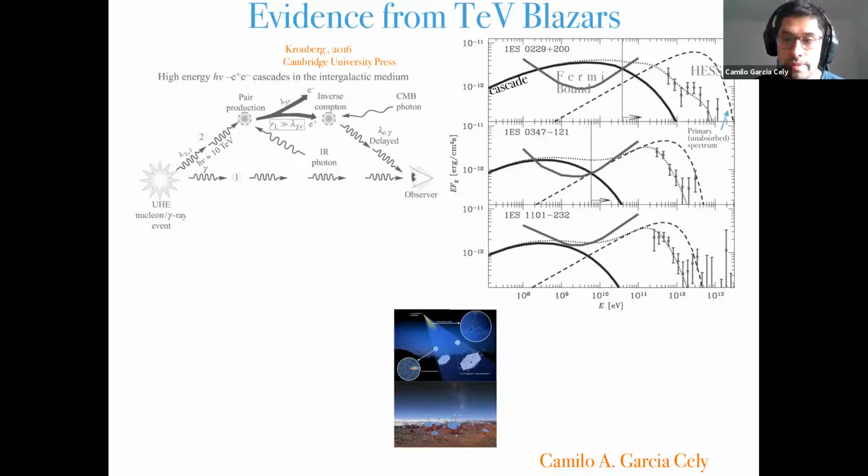So the primary spectrum is indicated as a dashed line. This is not what we observe, because as I said, the gamma rays are absorbed. Some of them arrive to, for instance, HESS, the detector, and this is indicated with these points on the plot. But some of them undergo pair production, and if all this picture is correct, they should produce the black solid line shown there.